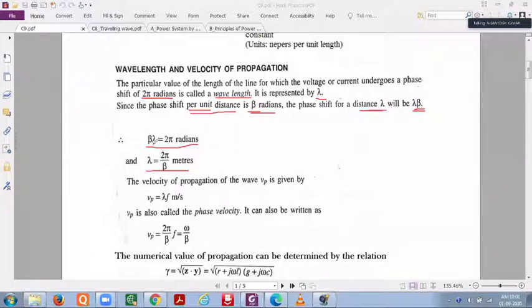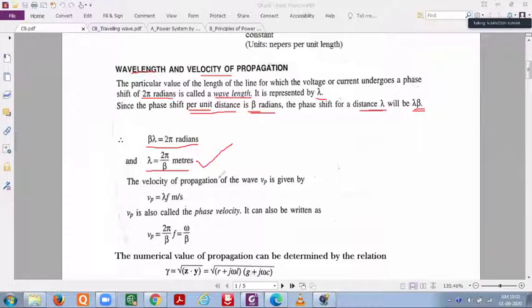That's why I made a quick review, right? So lambda is 2 pi by beta meters. That is your wavelength, because we need to know the wavelength and velocity. So when I know the phase constant, I can calculate your wavelength. Right? So next I need to check your velocity.